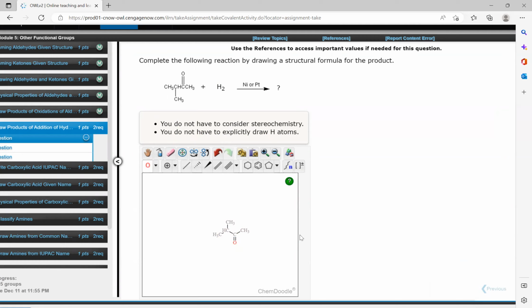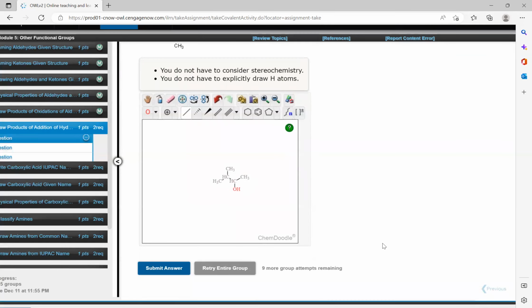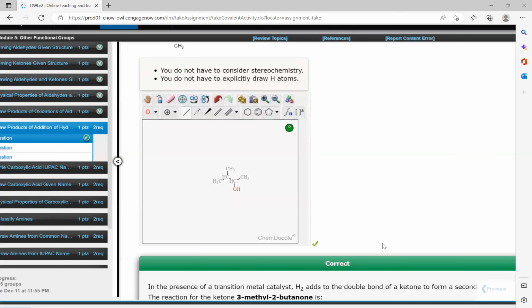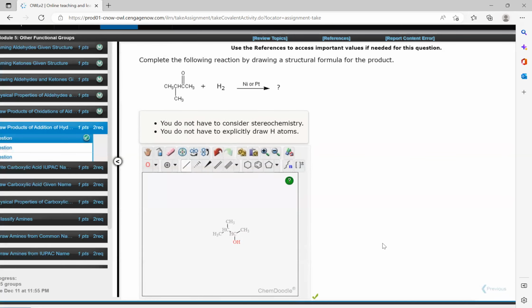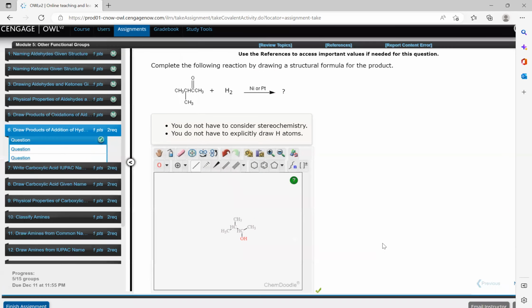And what's going to end up happening here is we're going to lose that double bond. And it's going to now be an alcohol group instead of a ketone. So ketones are going to be reduced to alcohols. Alcohols can be oxidized to ketones, and then they can be oxidized to aldehydes or carboxylic acids.